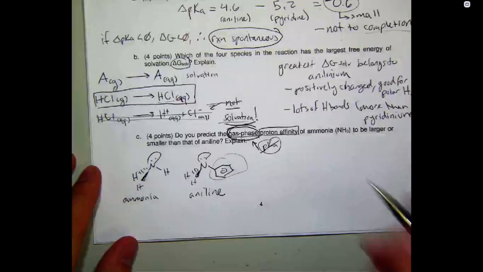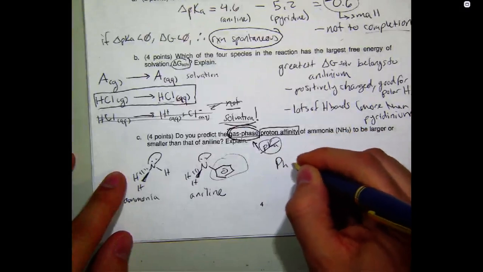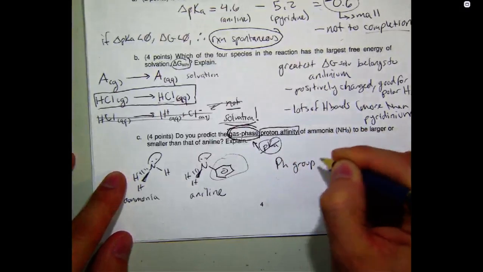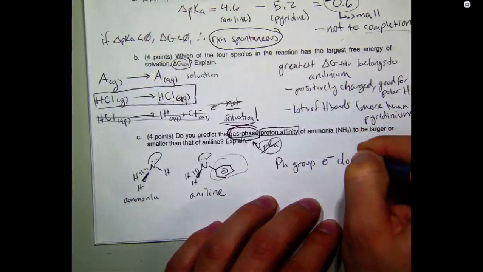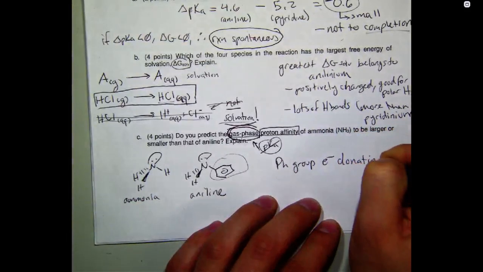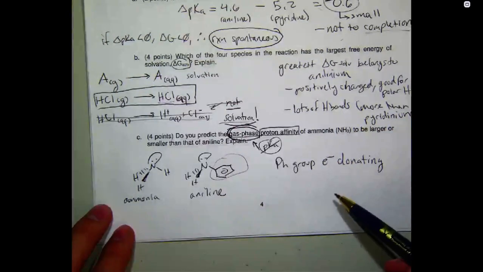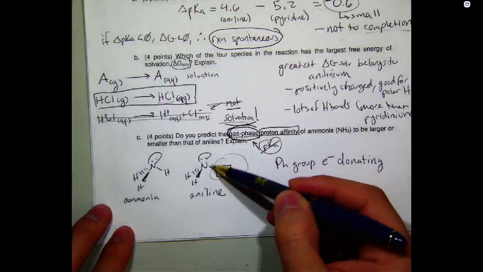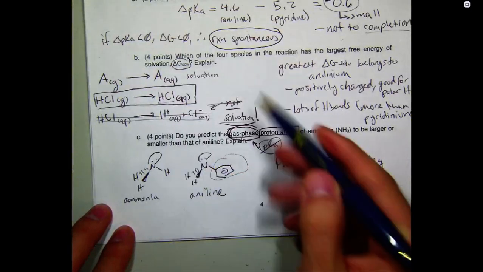So what do we know about phenyl? The phenyl group, if you remember from organic chemistry, is going to be electron donating. So if you have an electron donating phenyl group, that's going to push electrons out of the ring and onto this aniline nitrogen.